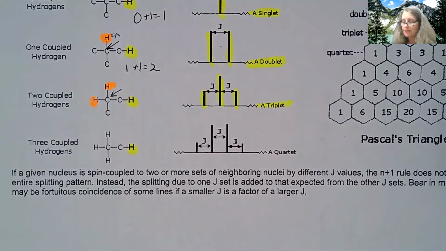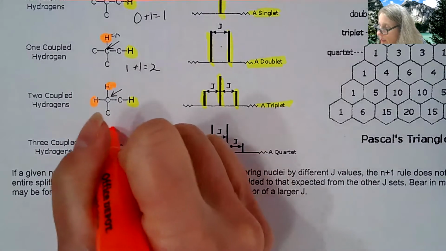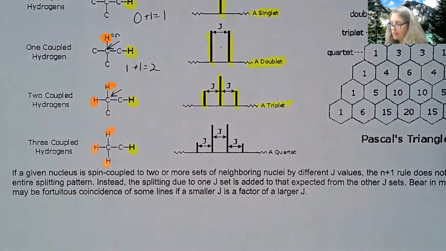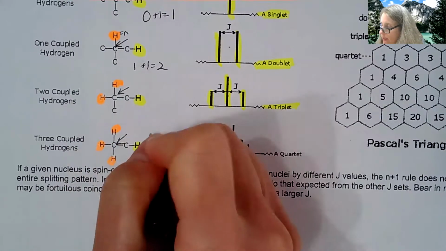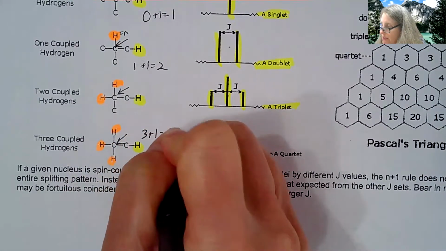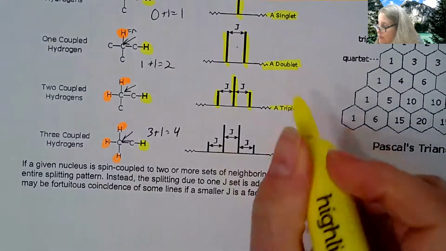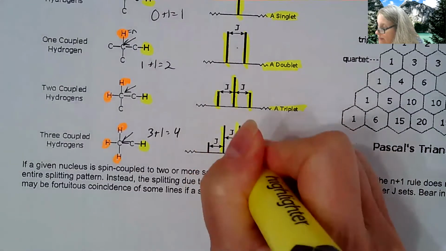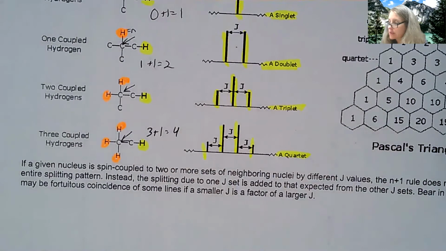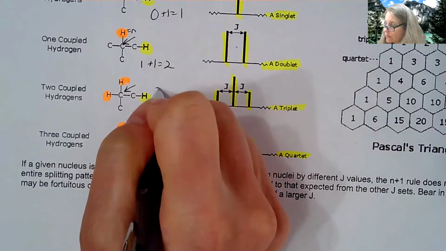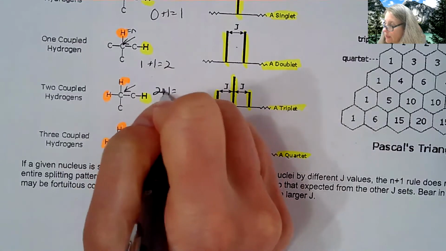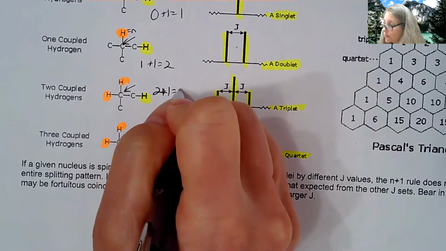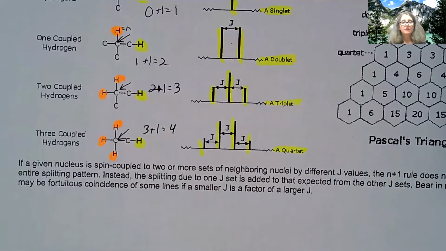And finally, the last example is I have 3 hydrogens on my next door neighbor, okay? So 3 plus 1 is equal to 4, so it splits into what we call a quartet, okay? I'm going to go back to this previous example and write it down. So N plus 1, 2 plus 1 equals 3, so I get my triplet, okay?